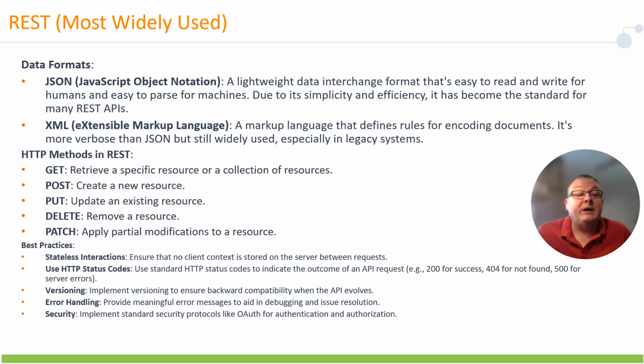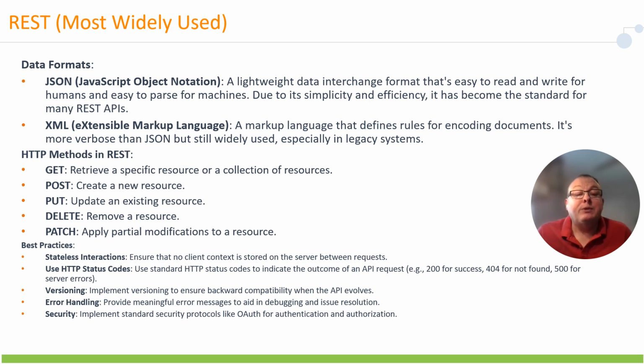Here are some of the best practices for REST. Stateless interactions ensure that no client context is stored between server requests. Use HTTP status codes. Use standard codes to indicate the outcome of an API request. For example, 200 for success, 404 for not found, 500 for server errors.